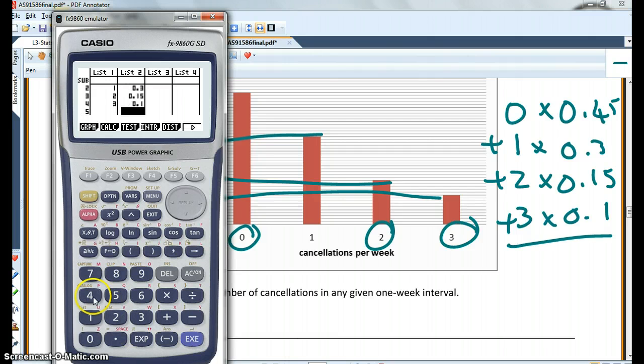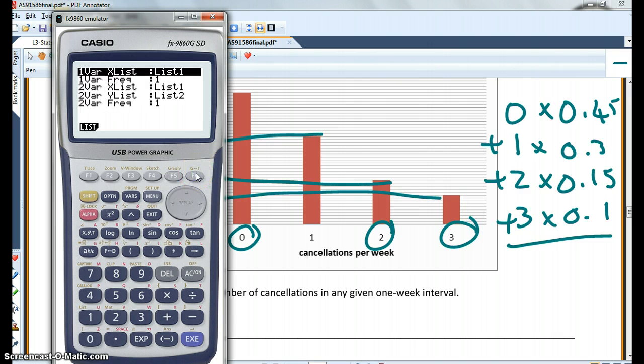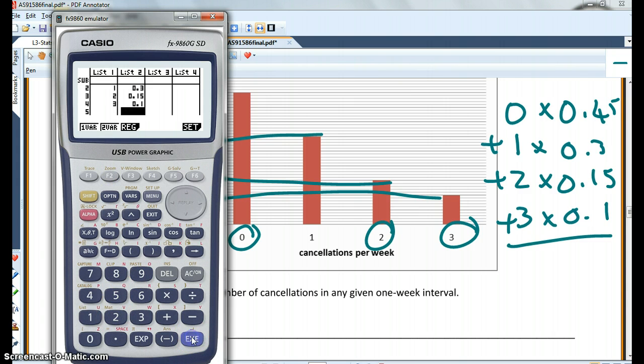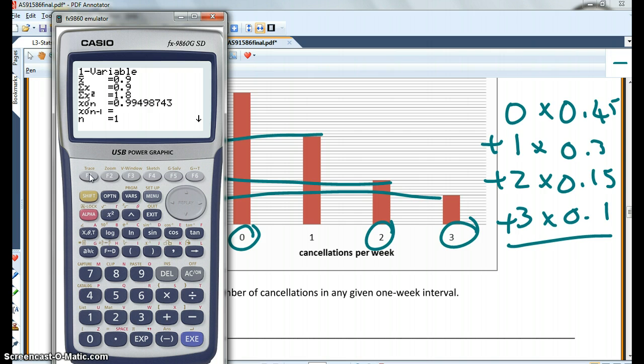Here comes the important thing. When you go calc, you have to go set, and in frequency has to be in list 2. And then we go 1 var, and we have got a mean equals 0.9.